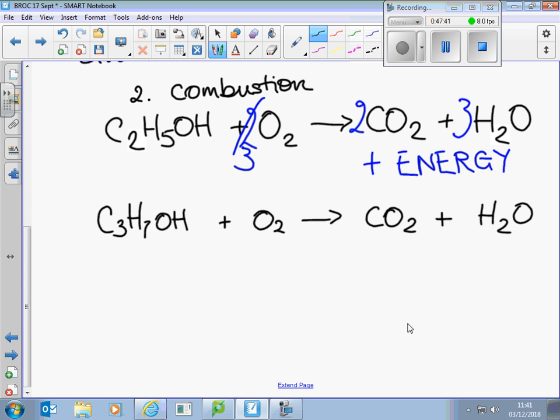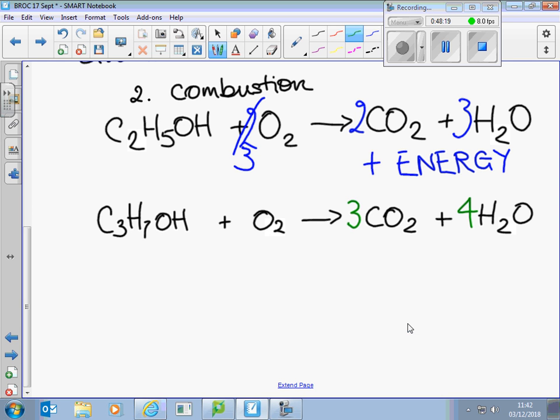Right, and some balancing in that one. Where would we start? Let's take the same approach as before. Start with the carbons, so 3 in front of the CO2. How are we doing for other stuff? We'd better sort out the hydrogens, so how many hydrogens here? 8, so we want 4 over there. Now we can sort the oxygens out. What you did before was to dive into the oxygens perhaps a little bit too soon.